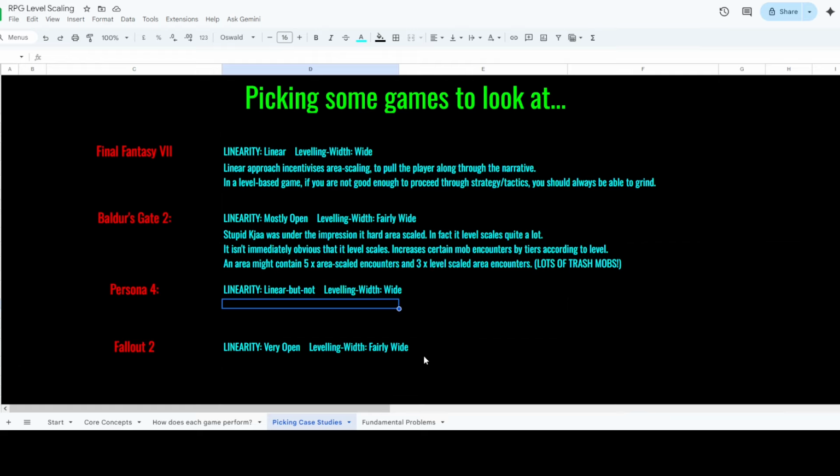I've said they're linear but not. What I mean by this is the game is linear in the sense that each dungeon that you're working through is unlocked with each progression of the story.